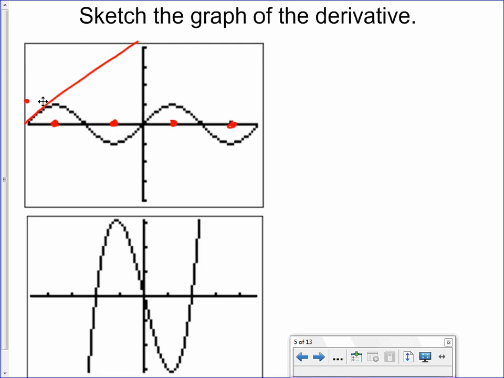As I go left to right, those slopes are positive, but what happens as I go left to right? They're decreasing until we get to 0 up here. So when I'm graphing the derivative, when I graph the slope, I'm starting up here around 1, and I don't really know exactly how it goes, but I have to go down to 0.